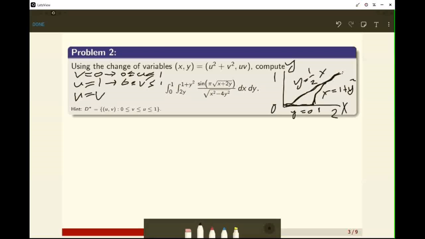Okay, and so what these tell us is that we're bounded by the curves v equals 0, u equals 1, and u equals v, which is in the sort of uv space, picking out this triangle that goes up to height 1 in both coordinates.